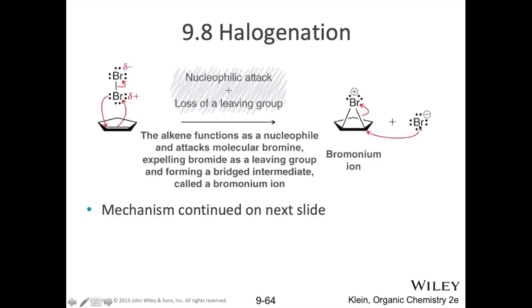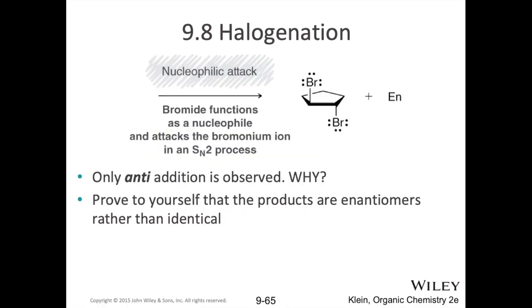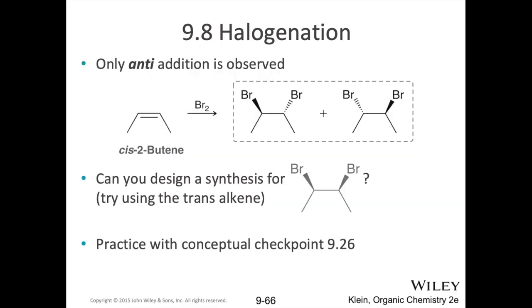Our bromide nucleophile has to attack from the opposite side as that bromine, and therefore that's why we get the anti-addition product. So there we go. That's our anti-product.